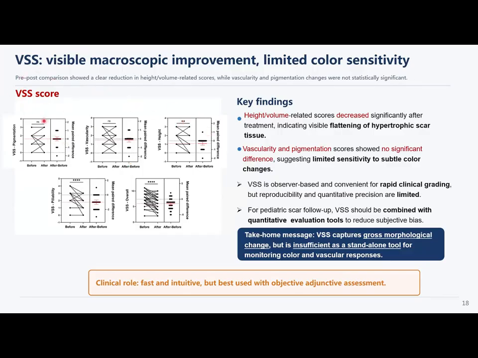The key findings here are that the height and the volume, either from VSS or from the 3D, decreased, while the vascularity and the pigmentation scores showed no significant difference. From VSS evaluation, you can see only two parameters, height and volume, with a significant difference.